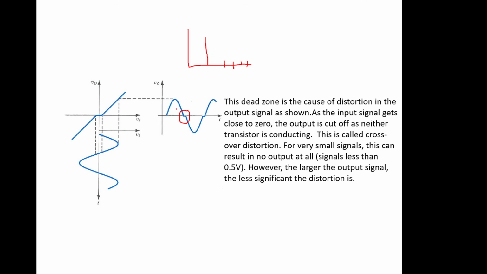And as this signal gets lower and lower, the value of this distortion becomes higher and higher relative, so we can end up with lots of harmonics, sometimes even bigger than the one that we're interested in, and that's when your distortion becomes significant and you start to hear it.